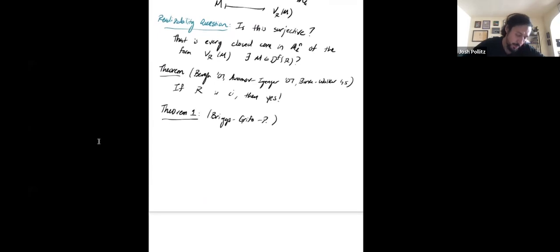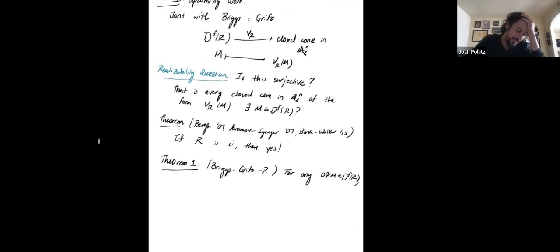So what I want to tell you about is this theorem with Ben and Louisa. It's better at understanding what types of supports you can realize. It's Theorem 1, work that will appear soon. I guess answering this question is hard.